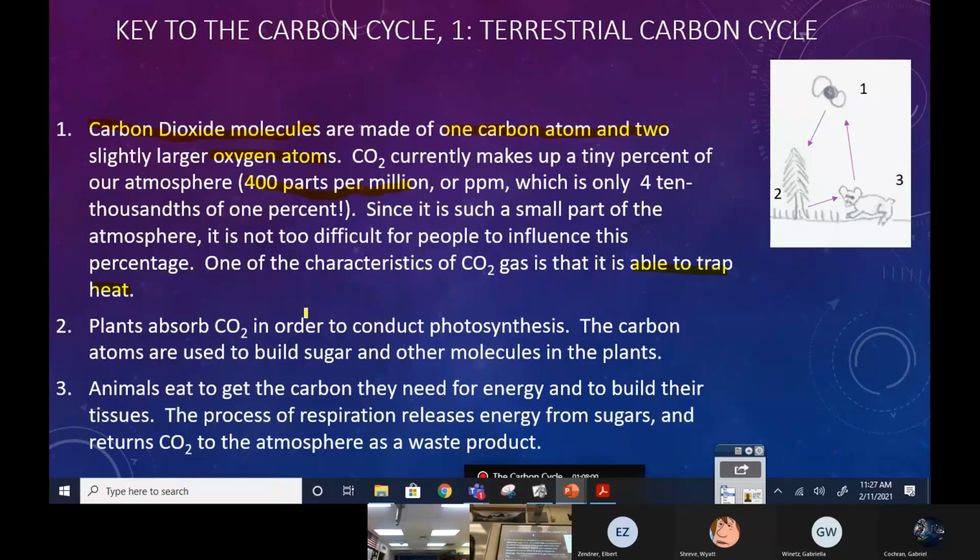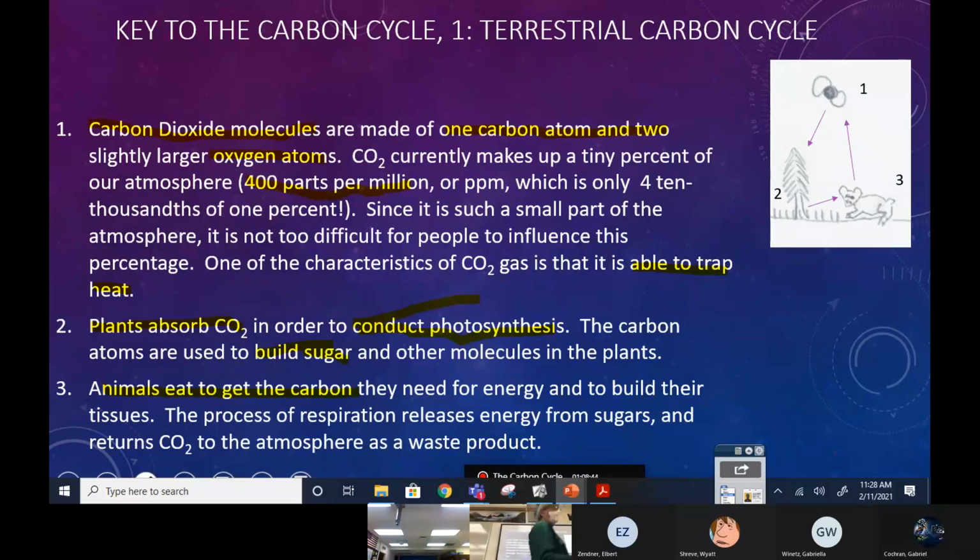In step 2, we see plants absorbing the CO2 using photosynthesis. They build sugar from that. And then animals eat to get the carbon we need. We use it for energy, but we also use it to build our tissues.